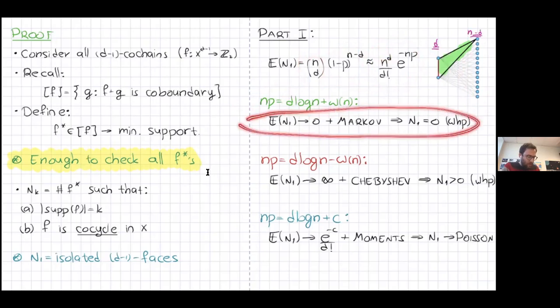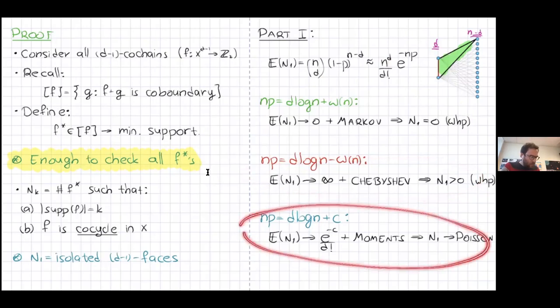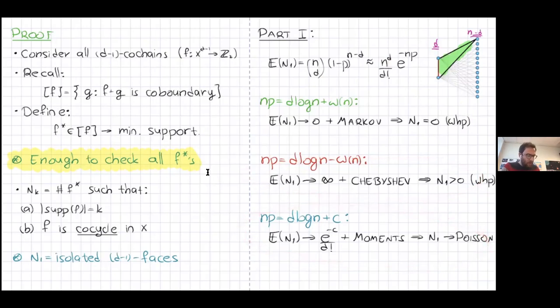So it's very similar. Above the threshold, the expectation is 0. Below the threshold, use a second moment argument to show that it's definitely positive. And if you're inside the threshold, then you need to evaluate moments and show that the number of isolated edges or faces converges to a Poisson distribution.